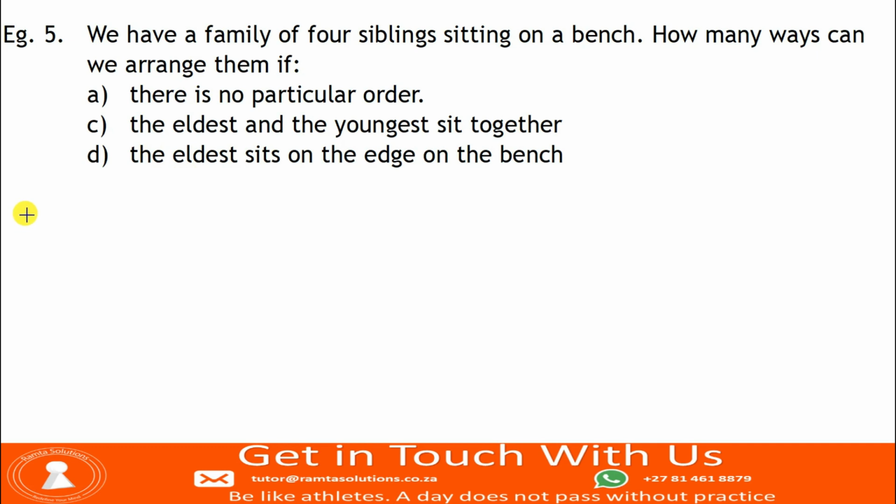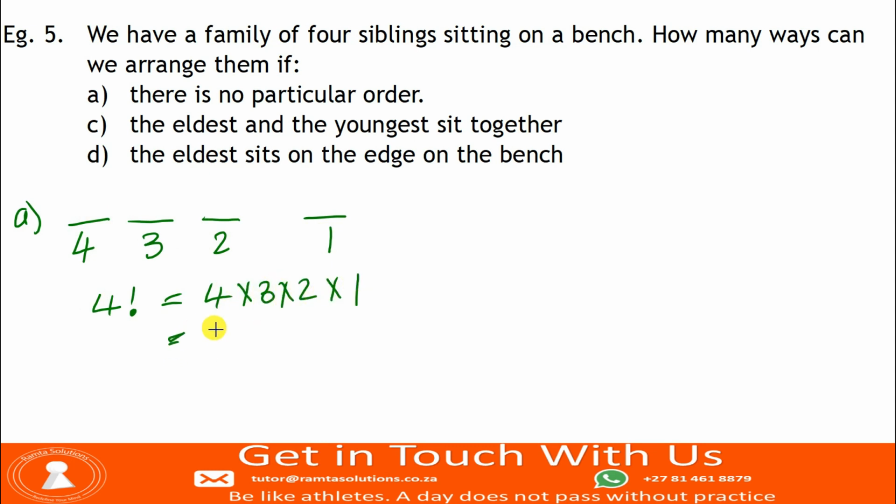Now, if there is no particular order, let's look at number A. We have 1, 2, 3, 4. We have 4 we can choose from for the first seat. One of the 4 is seated, and we are left with 3 for the second. One of the 3, and we are left with 2 for the third seat. One of the 2, and we are left with 1 for the last seat. Therefore, we have 4 factorial, which is 4 times 3 times 2 times 1, which is 24 ways.